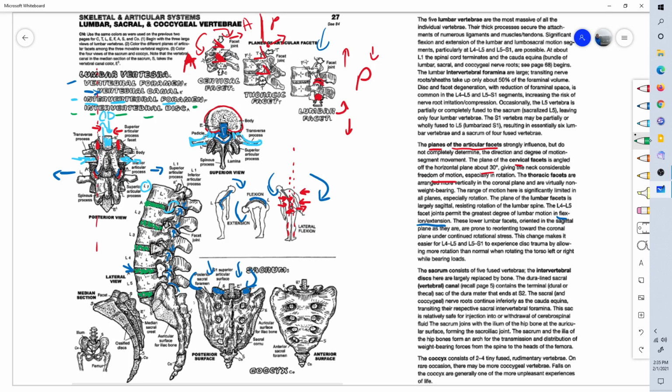The superior articular process here, and of course the facet, the superior articular facet. The lamina, which brings the two sides of the vertebra together to form the spinous process.